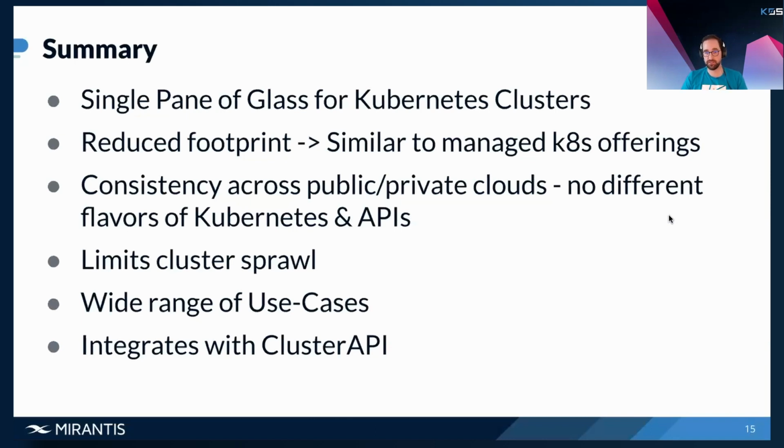It's a consistent experience, a consistent Kubernetes and consistent APIs across those different clouds or infrastructures. It limits cluster sprawl because you have everything in one management cluster, or if you want to, different management clusters for different projects, for example, or different environments. And this allows a wide range of use cases.